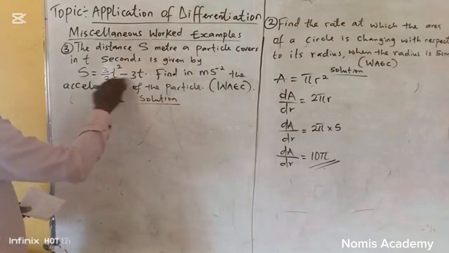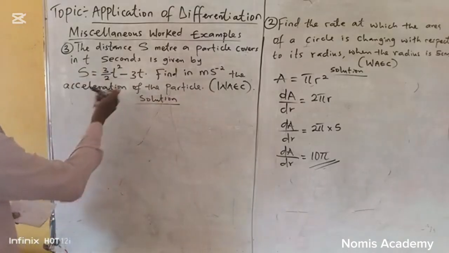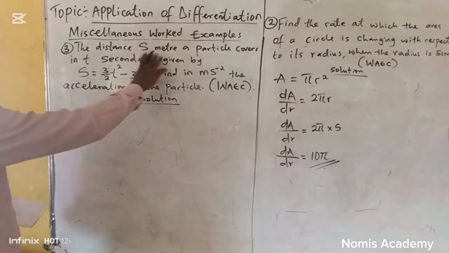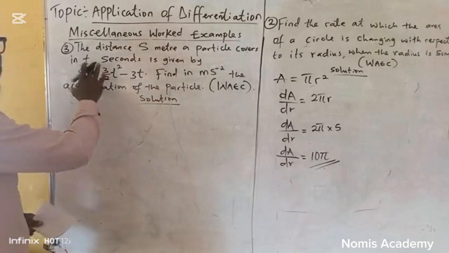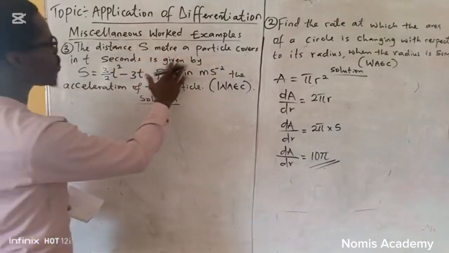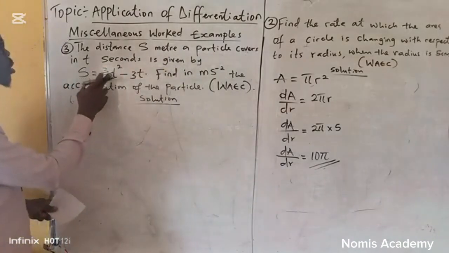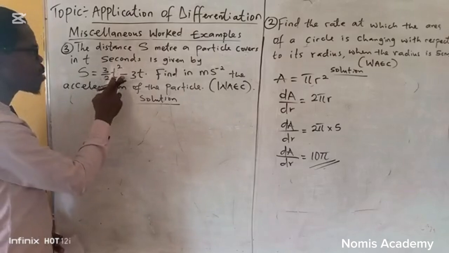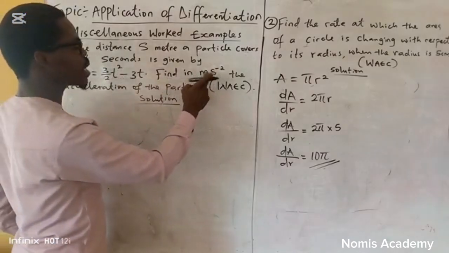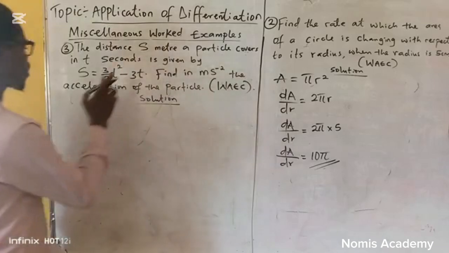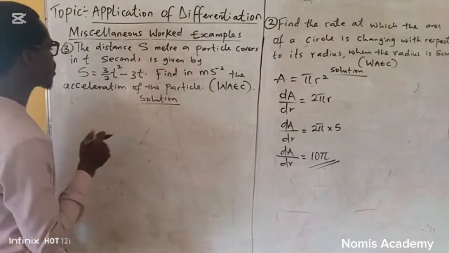Now this is the equation given to us. They say the distance s meters a particle covers in t seconds is given by s equal to 3 over 2 t squared minus 3t. Find in meters per second squared the acceleration of the particle.